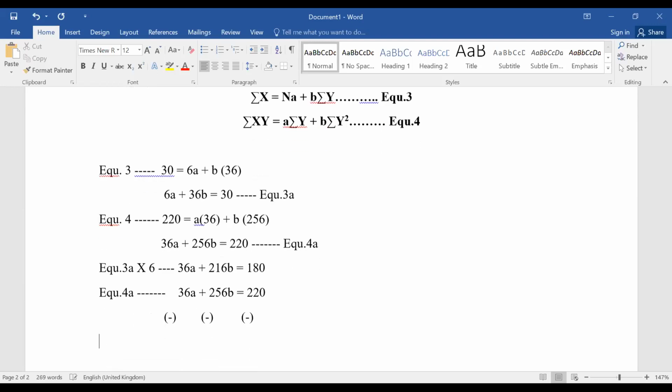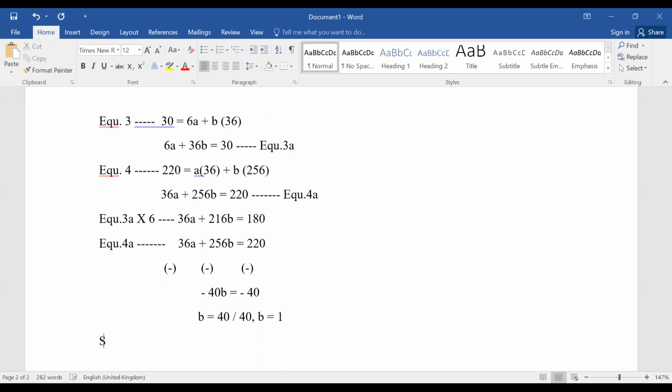Now 36a minus 36a will be cancelled, and you will get minus 40b, equal to minus 40. Therefore b equal to 40 divided by 40, b equal to 1.